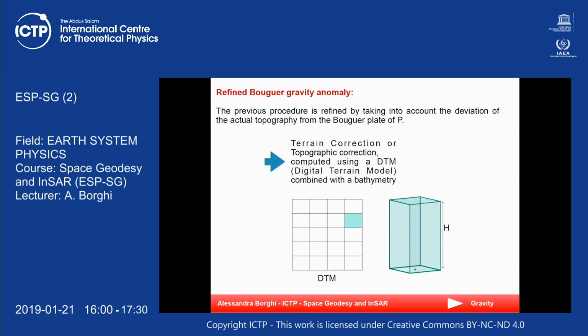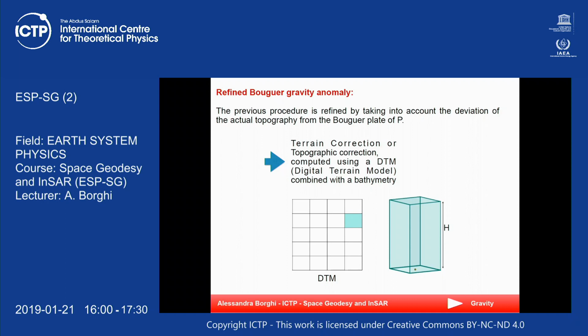Parallelepiped is similar, Italian, sorry. On the point P, in terms of gravity and with respect to the height of the point, we know if we have to add this effect or reduce for this effect. So we can compute the Bouguer by removing a plate and afterwards correct for the difference.